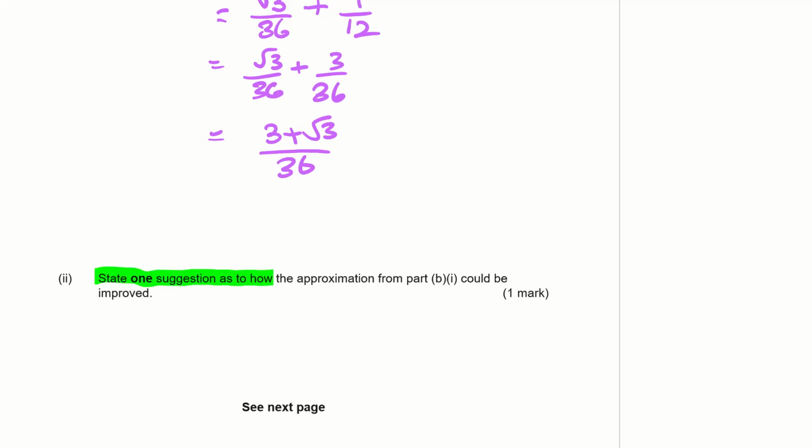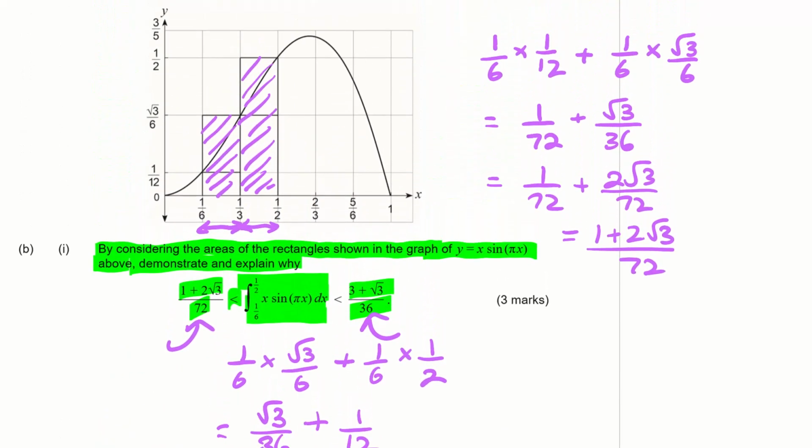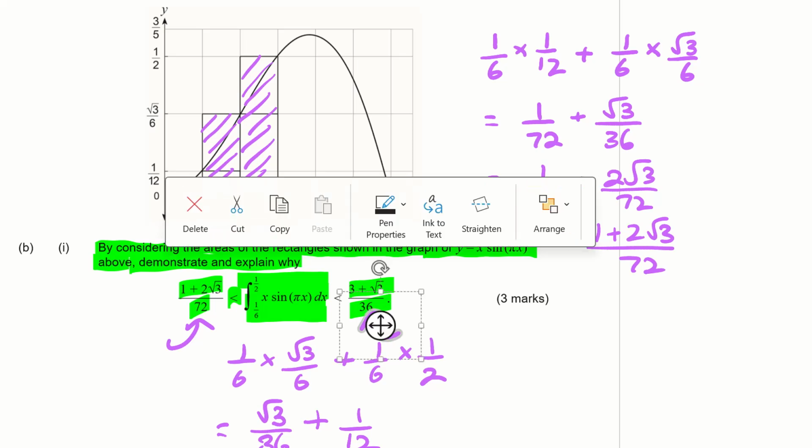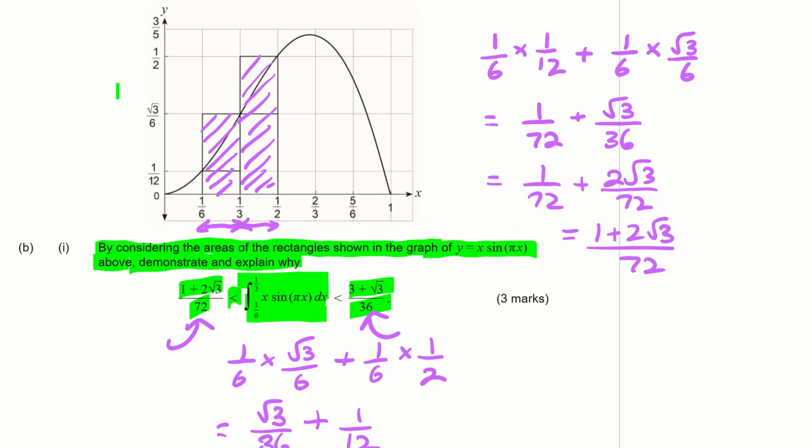State one suggestion as to how the approximation from part B could be improved. And this is a fairly standard sort of answer. What you want to do is use more rectangles. You want thinner rectangles, and then if you have thinner rectangles, more of them, the areas that you cut off become smaller.